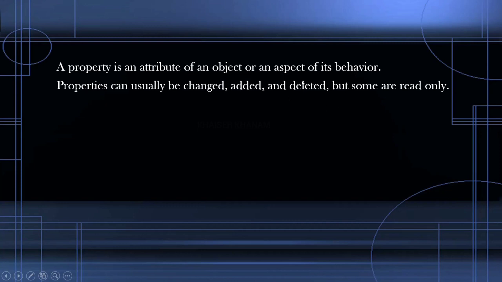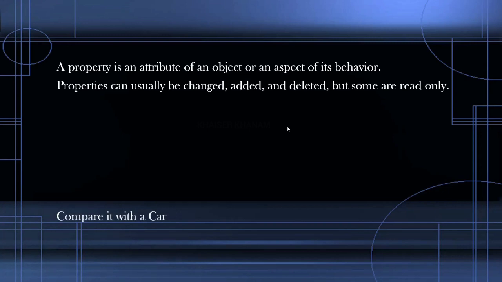We will see this using an example. These properties can be changed, we can add and also delete them, but some properties will be read-only. You should be aware of which properties are read-only. Properties can be added, deleted, and the value assigned to a property can be changed.